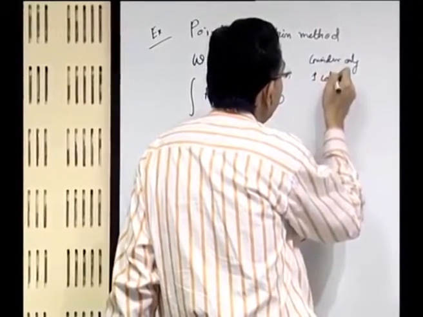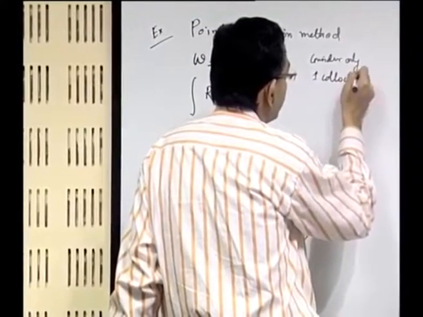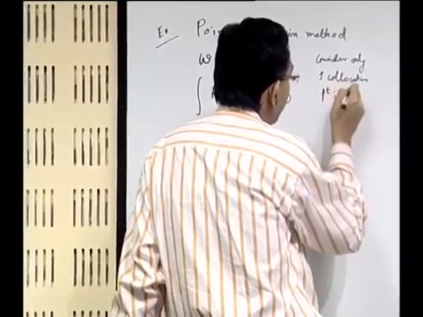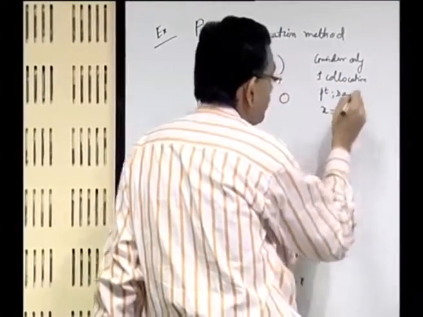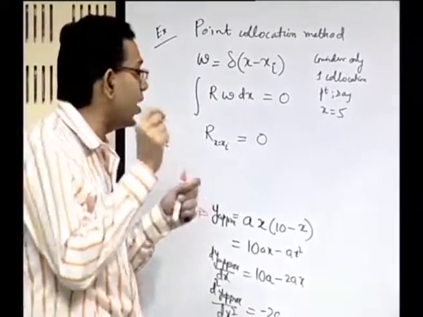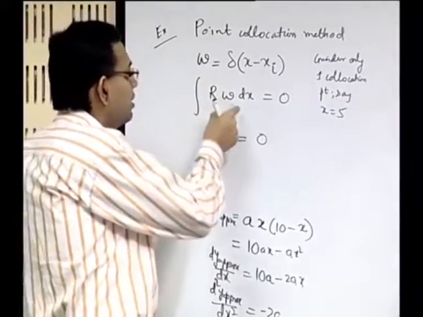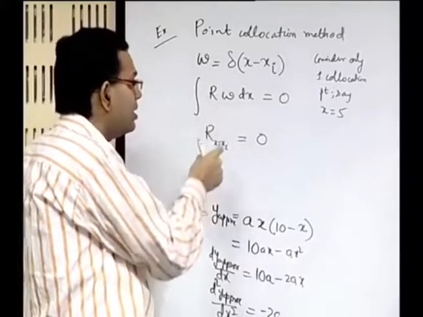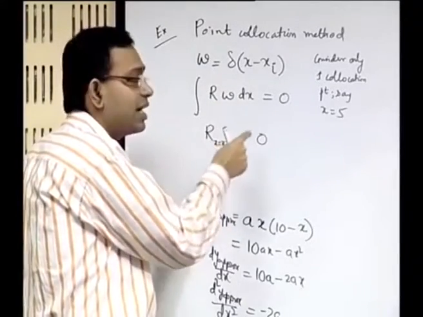Again this is an example, say x equal to 5. So, collocation point is a point where you make the function satisfy its requirement, that means at that point the error is exactly equal to 0.